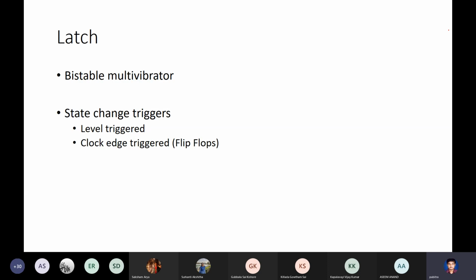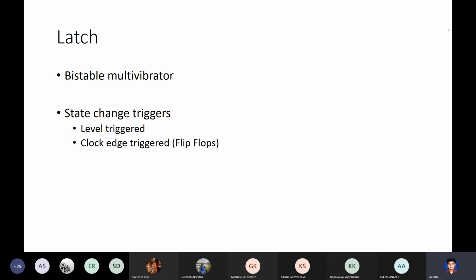There is another type of latch which is called clock triggered. That means it's not that whenever the input changes, the output will change. There is an additional condition that is required, which is a clock, rather a clock edge. In a level triggered latch, subject to the delays of the circuit, whenever there is a change in input, the output Q will change, the state will change.